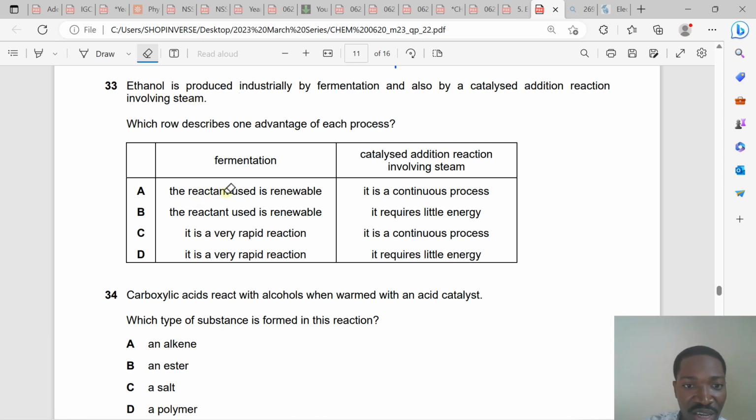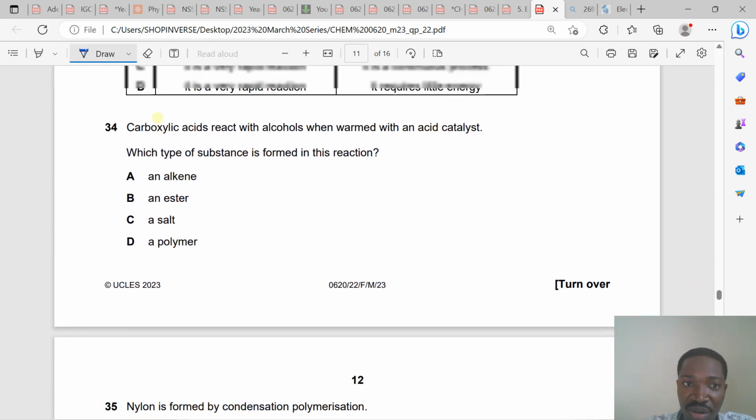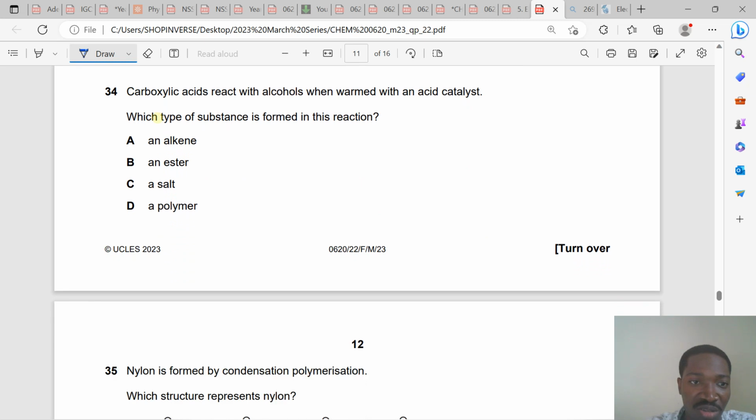Let's see. The reactant used is renewable. That's correct. It is a continuous process. Fermentation is a continuous process, and for the reaction involving steam, the reactant is renewable. That's also correct. The correct answer is A. Both of them are correct. We would have to waste time considering other options. Let's conserve time. We go straight to question 34.